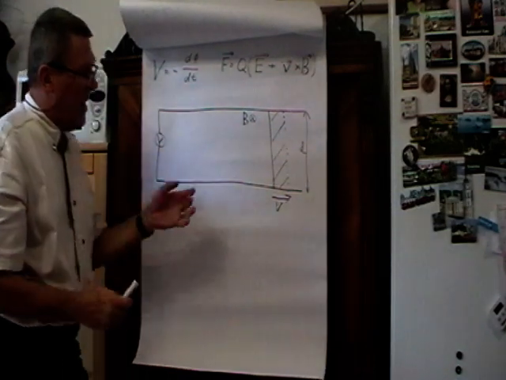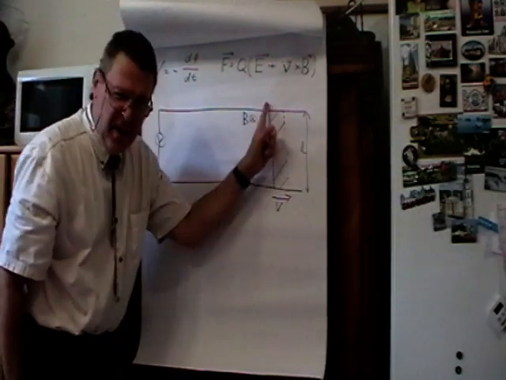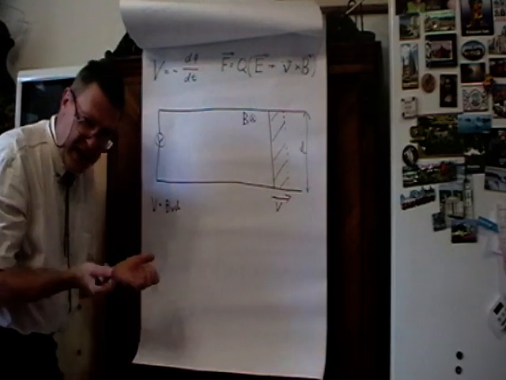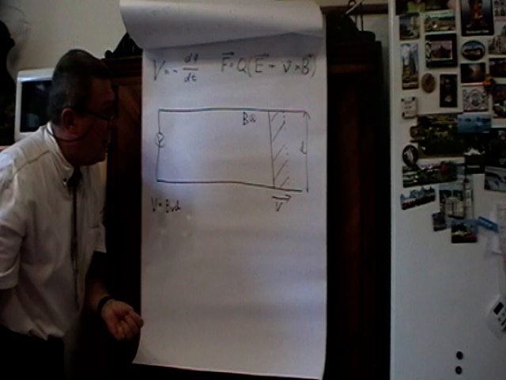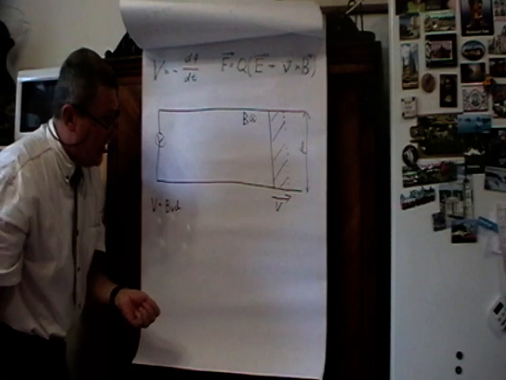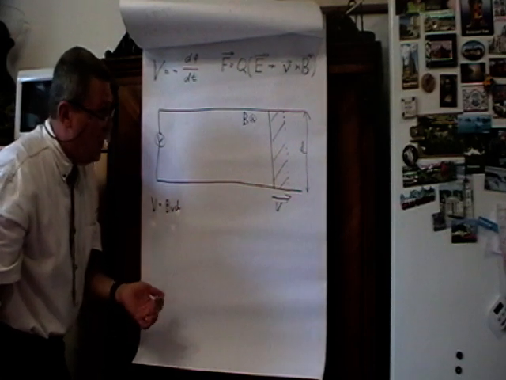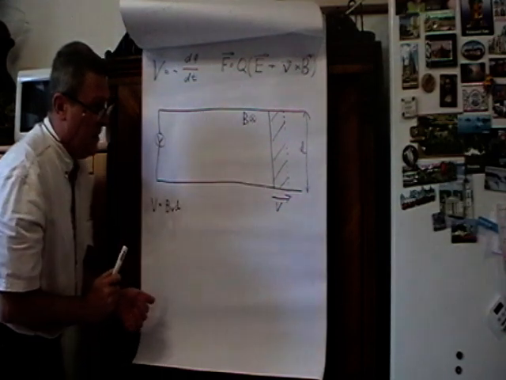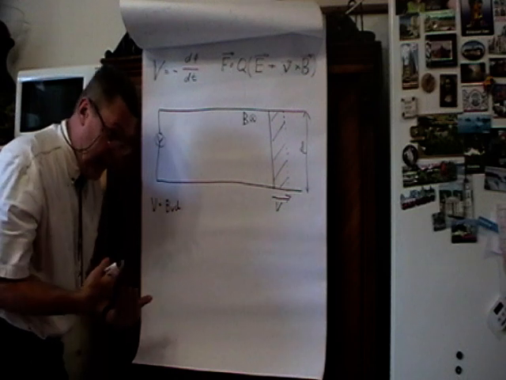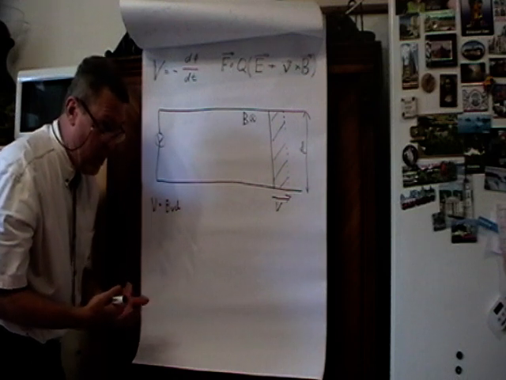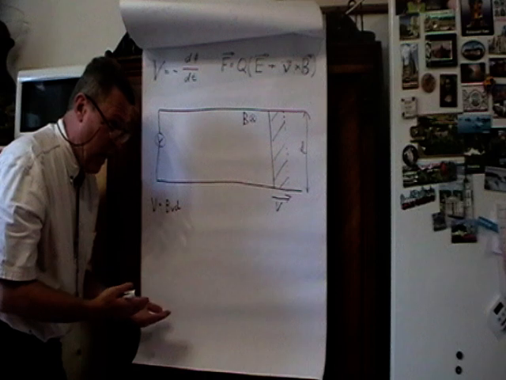Now, if the stick, which is a metallic stick, moves along those two rails, then it means that the whole stick moves within the magnetic field. Now the conductive stick consists of two quite different parts.